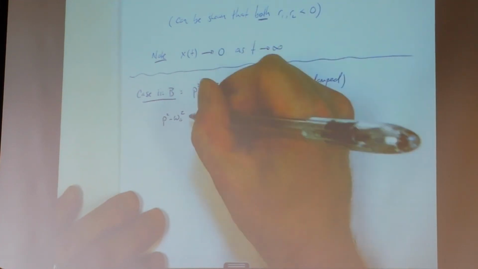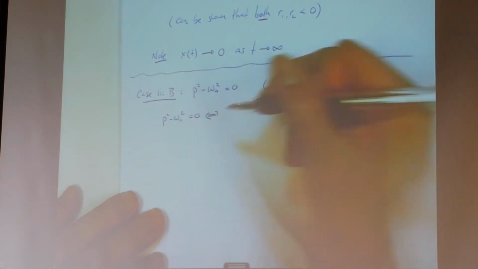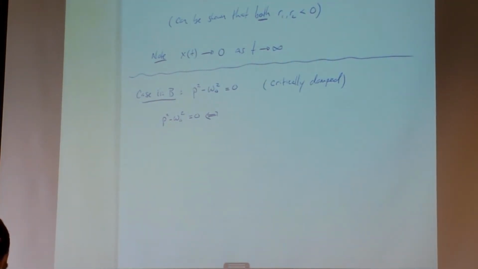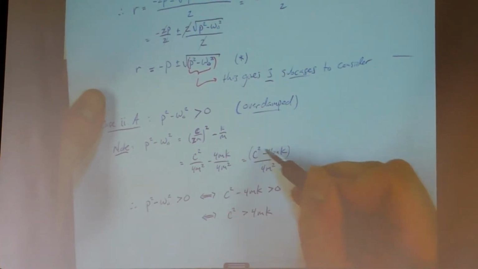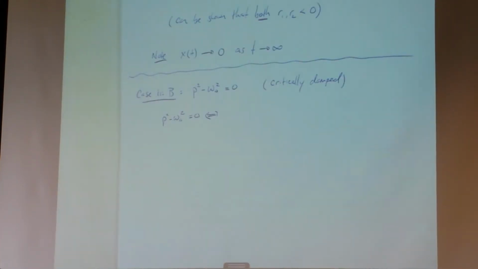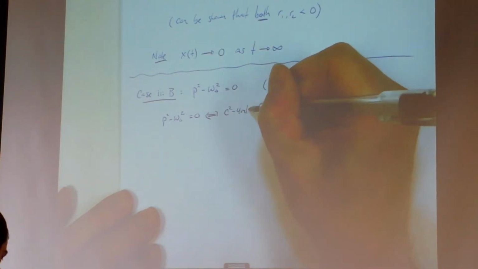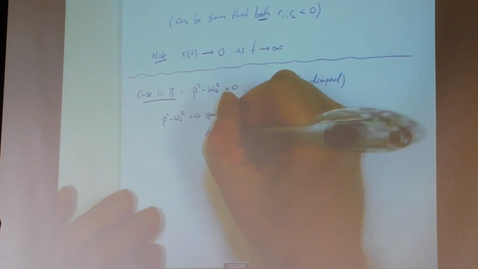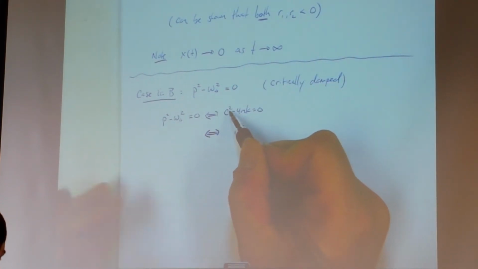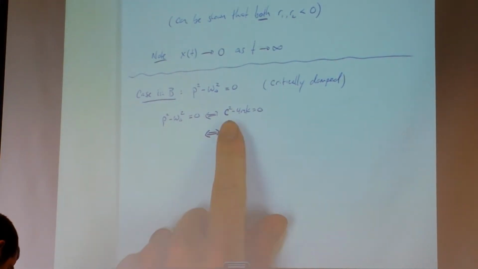Saying that p squared minus omega naught squared equals 0 is equivalent, when we break apart what that means, to c squared equals 4mk. The book does it in a slightly different way. They talk about that critical value for c where you get a 0, so they put it in terms of c.